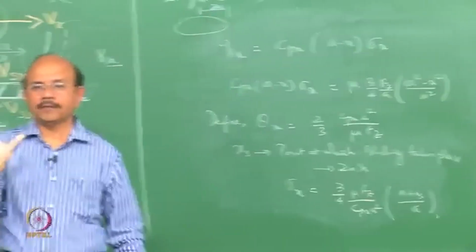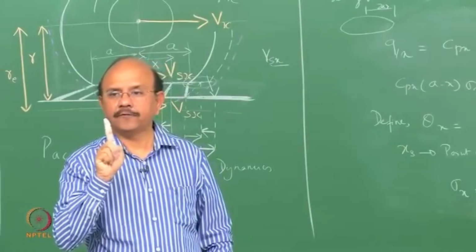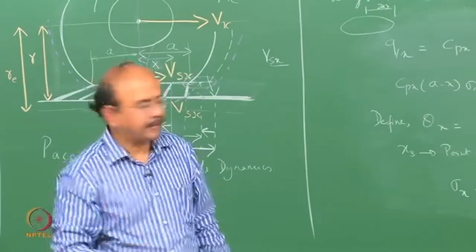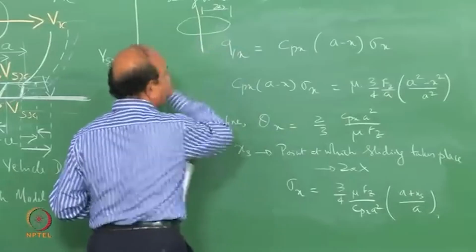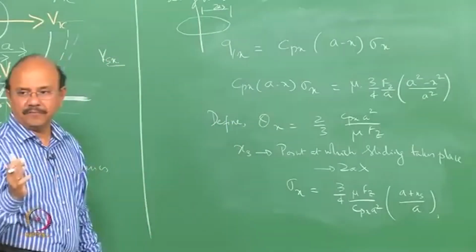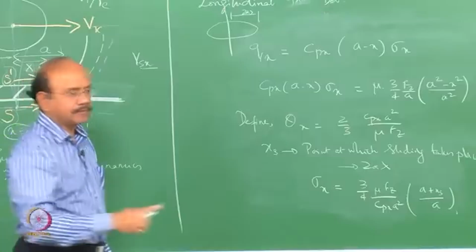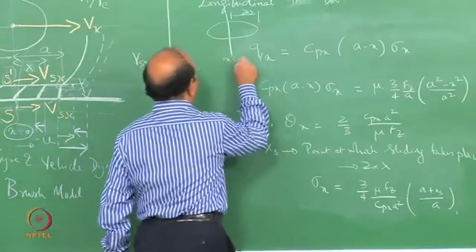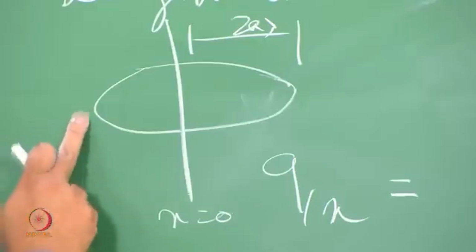So lambda is equal to 1 means 2a. But in terms of our x, note this carefully, there is a difference, because we are looking at x from this center. This is at x equal to 0. So this point is x equal to plus a, and that point is x equal to minus a.